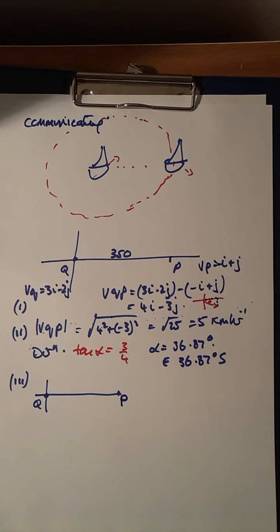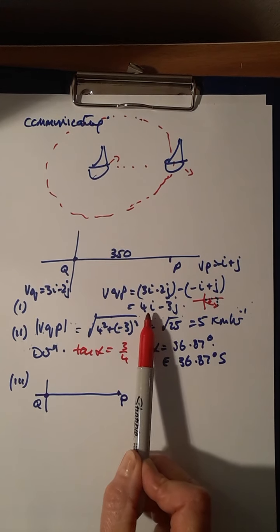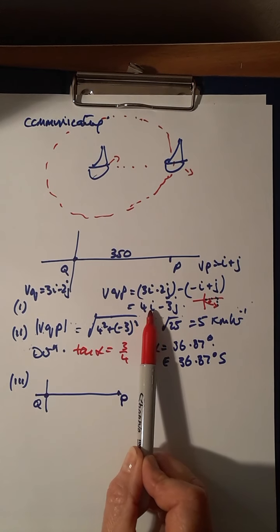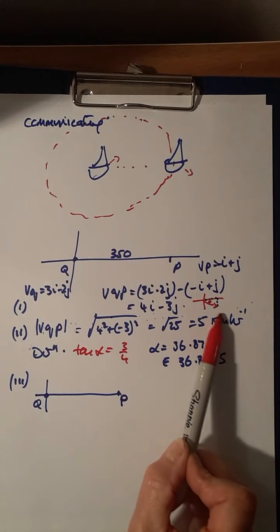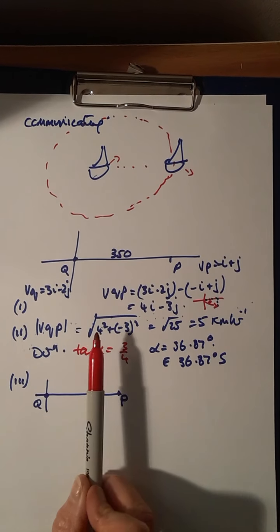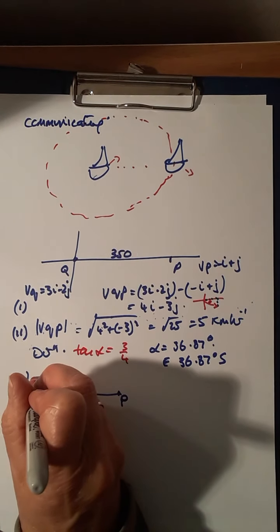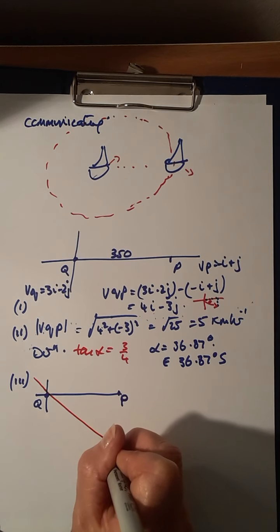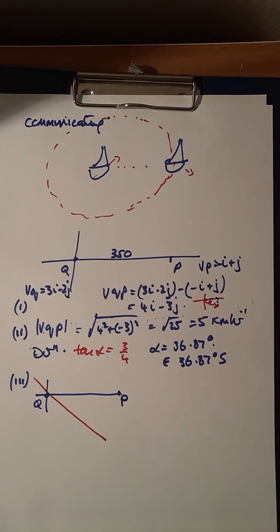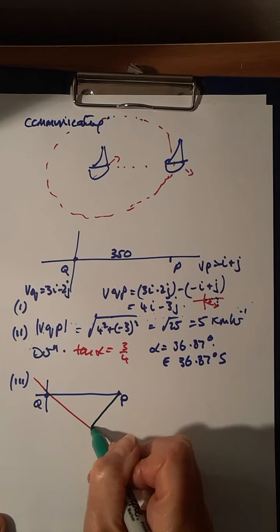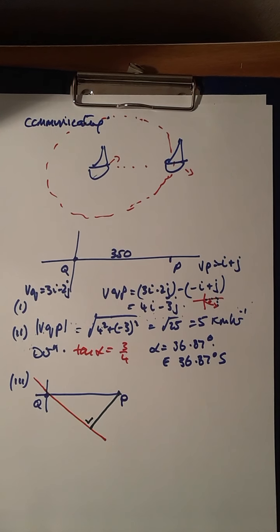So in this particular case, I'm going to put in the relative velocity line, which is this one here, the 4i minus 3j. It's heading down in that direction, and I'm going to put it passing through Q, coming down like this. Okay, I'm going to drop a perpendicular from P down onto that relative velocity line, and that's going to be my D, and that D is the closest distance.